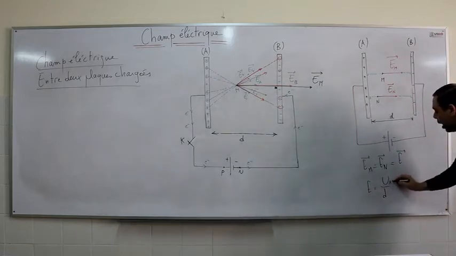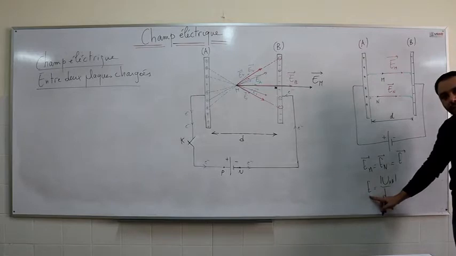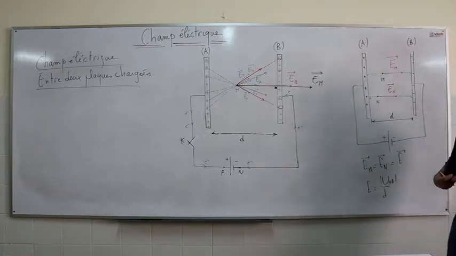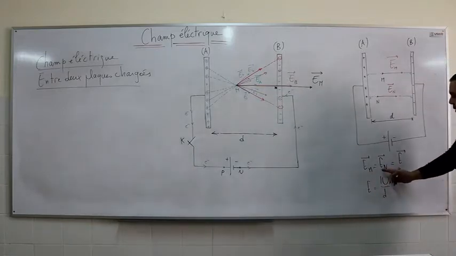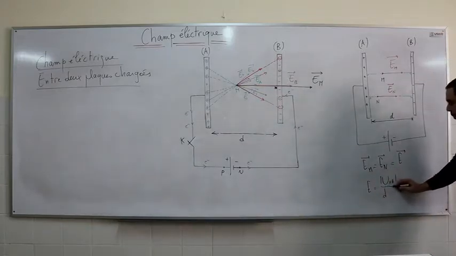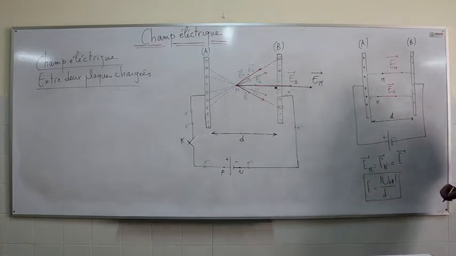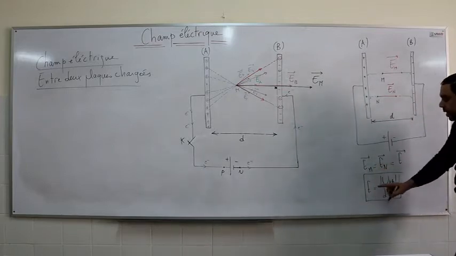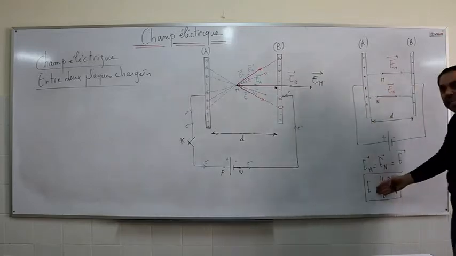U is the voltage UAB in absolute value, since we're finding the magnitude of E, which should be positive. UAB is an electric voltage which can be positive or negative. So we put UAB in absolute value. This is the magnitude of the electric field created between the plates.